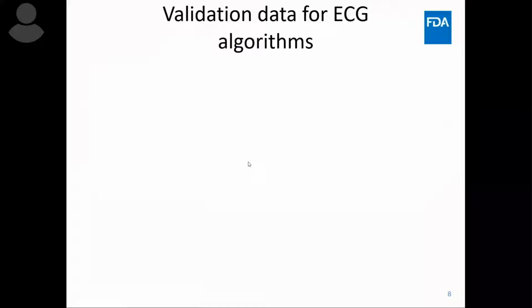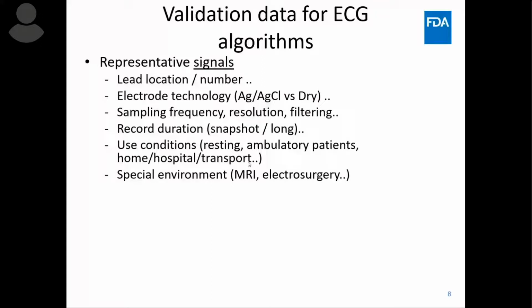What is the important characteristic of the data that we use for validation? This data needs to be representative of the signal that we are going to see in the real world. So we need to have the same lead location, same lead number. We need to work on the same electrode technology, for example, wet electrodes versus dry electrodes, which we know tend to be a little bit more noisy.